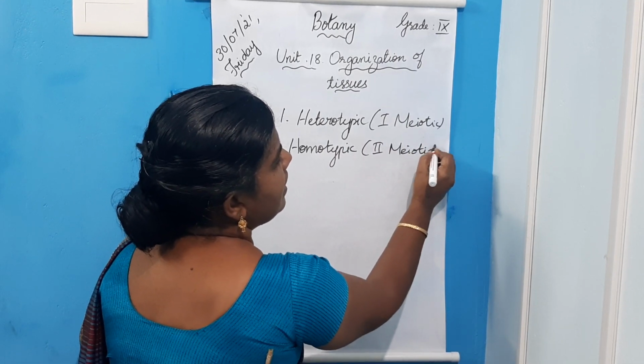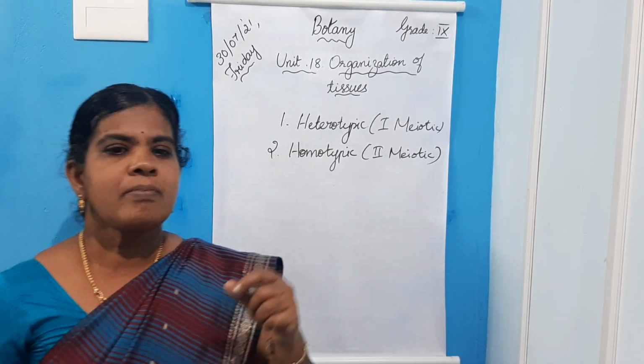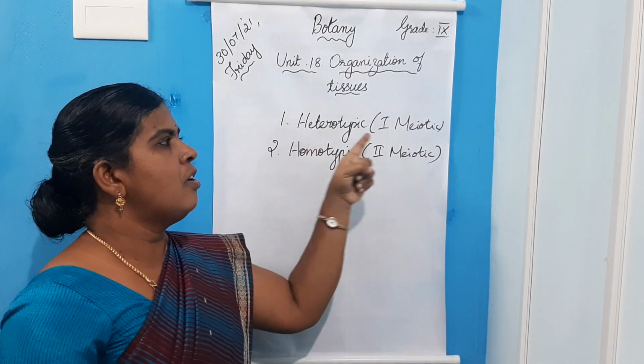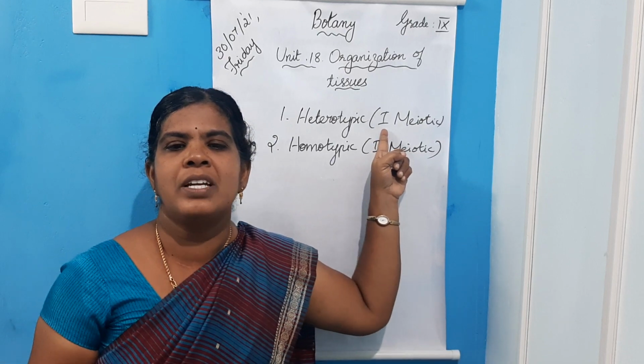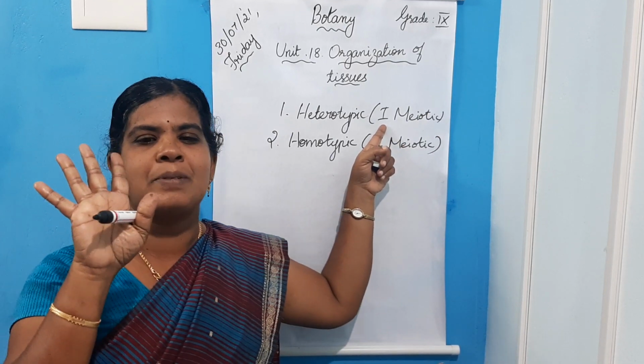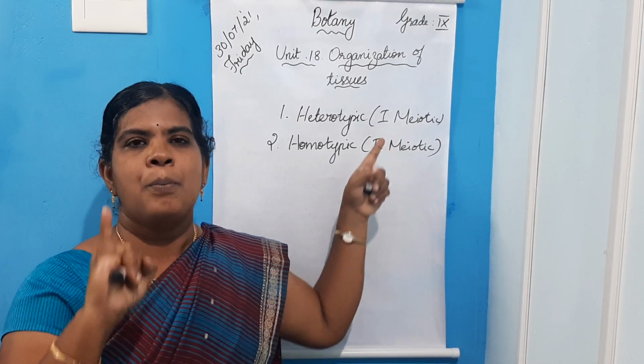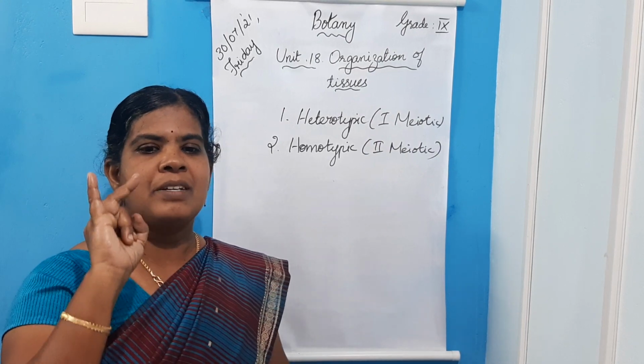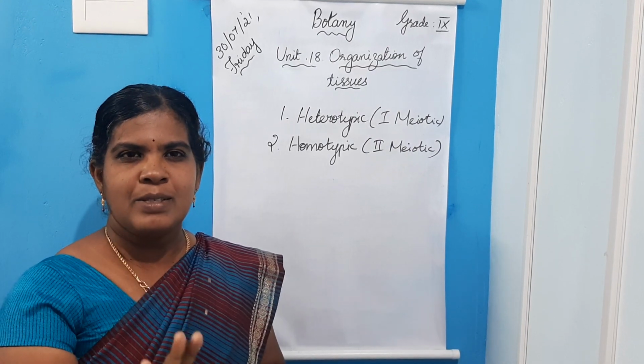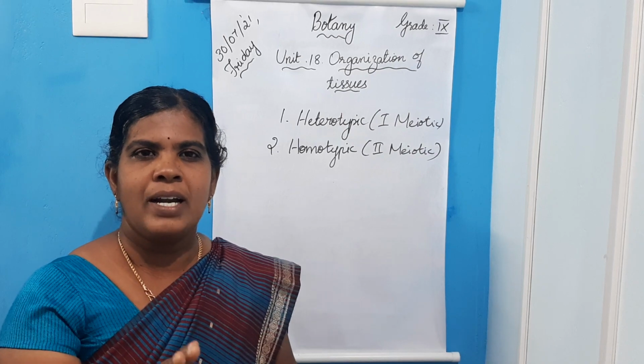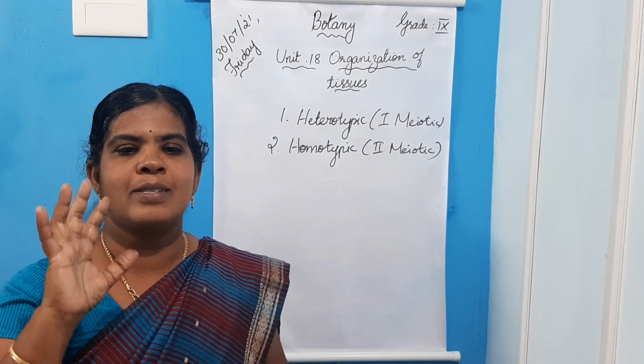The heterotypic division consists of 5 substages: prophase 1, metaphase 1, anaphase 1, telophase 1 and cytokinesis 1.